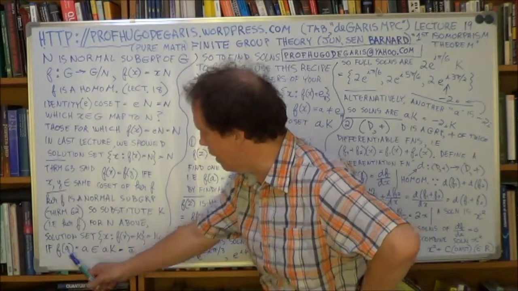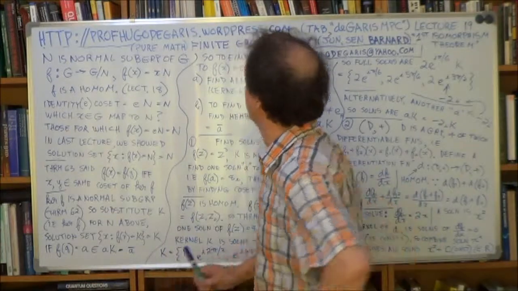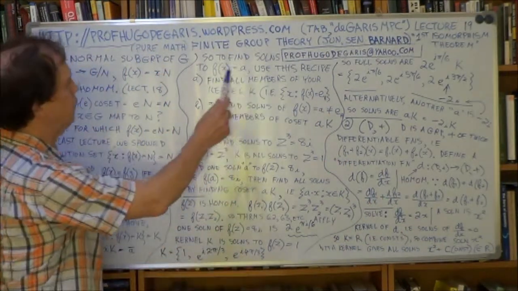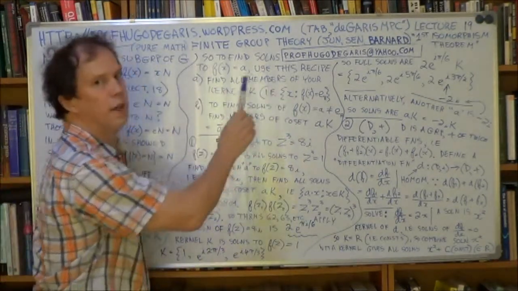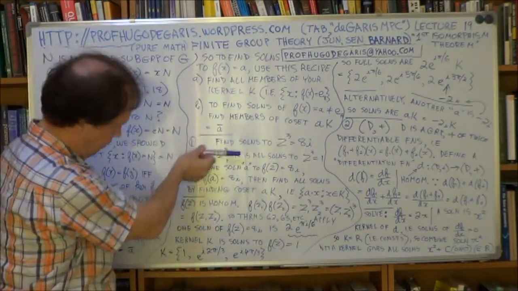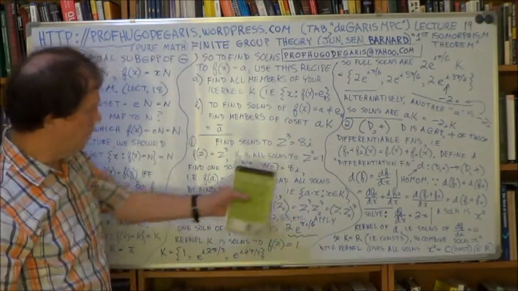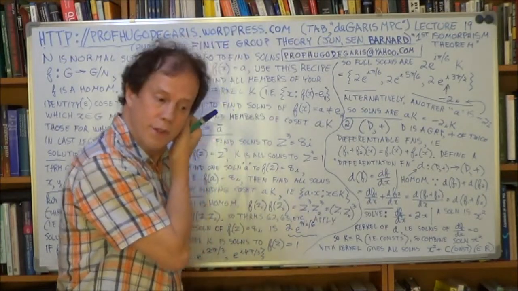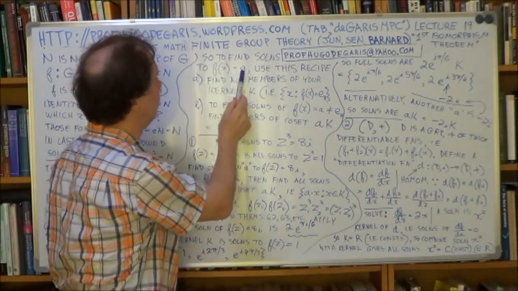What elements of G map to a particular value? That's what I'm calling the problem. So if you were asked to solve something, and still talking in the abstract, from here onwards we'll give, on this board, two concrete cases, two examples of trying to find solutions to this kind of problem.